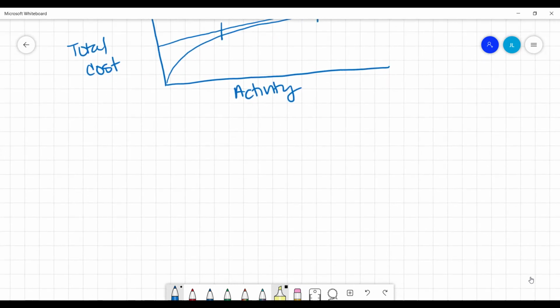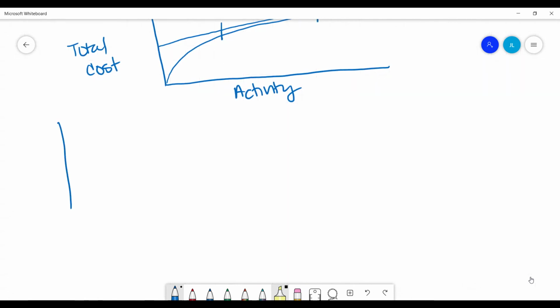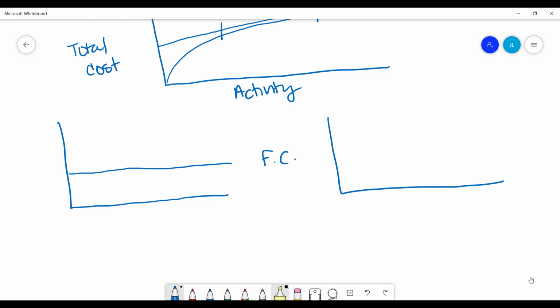Now keep in mind, if I want to graph just a fixed cost, it's a flat graph because it's fixed within a relevant range of activity. But remember what happens, because only part of that graph might look like this until we go outside of that relevant range of activity. For example, I need to rent more space. All of a sudden that fixed cost has jumped up, right?